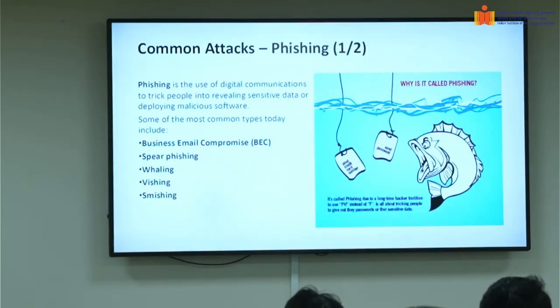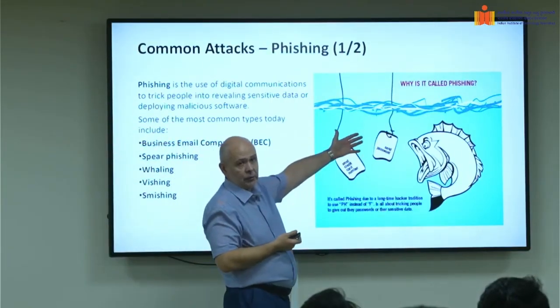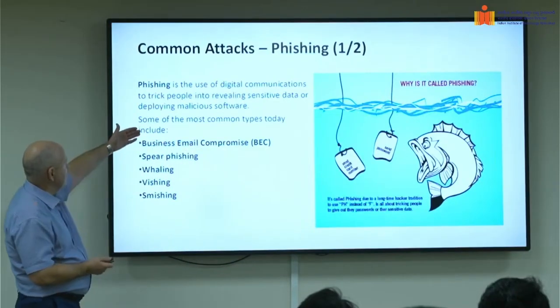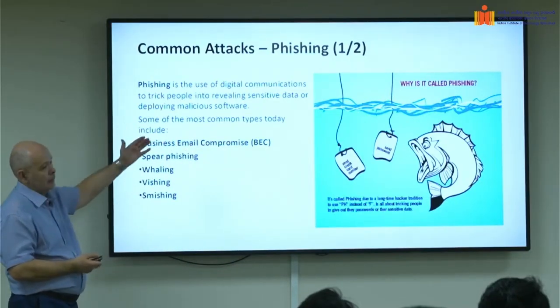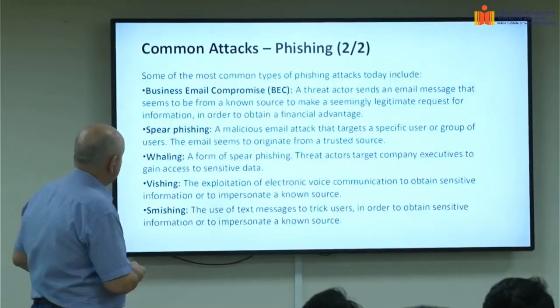You see this definition: use of digital communications to trick people into revealing sensitive data or deploying malicious software. Why phishing? It is a very good analogy. And there are different subclasses of this attack.